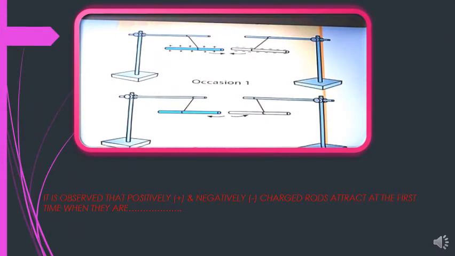So the method is: rub the silk cloth against the glass rod and rub the woolen cloth against the ebonite rod. And then we hang the two rods separately on two stands with pieces of thread.